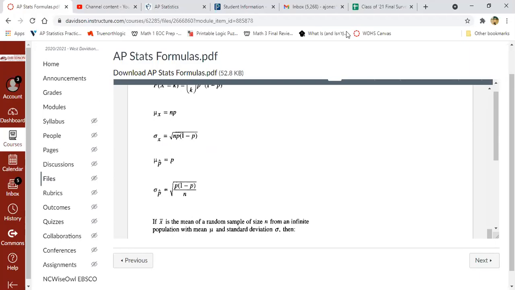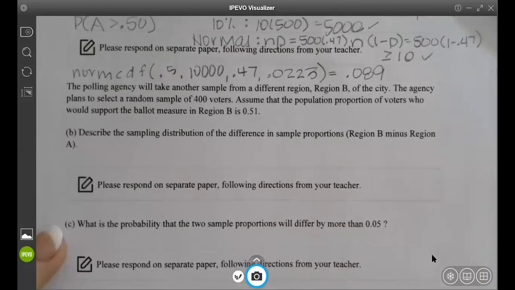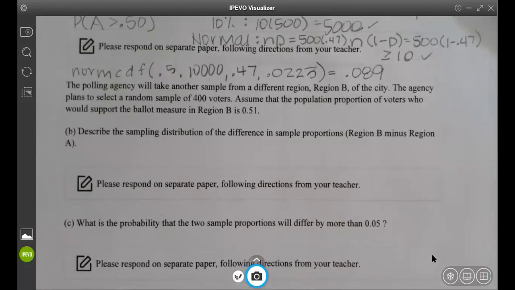So I'm going to go back. I'm going to stop sharing this and go back to my other share. All right. So now it says the polling agency will take another sample from a different region, region B of the city. The agency plans to select a random sample of 400 voters. Assume that the population proportion of voters who would support the ballot measure in region B is 0.51.